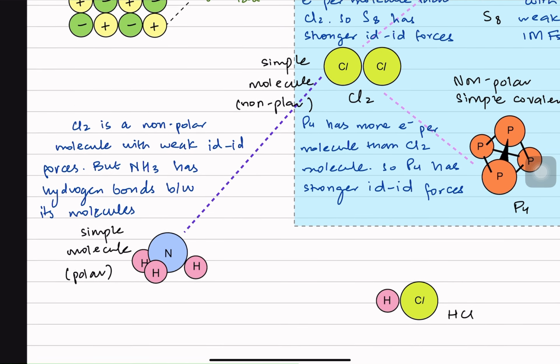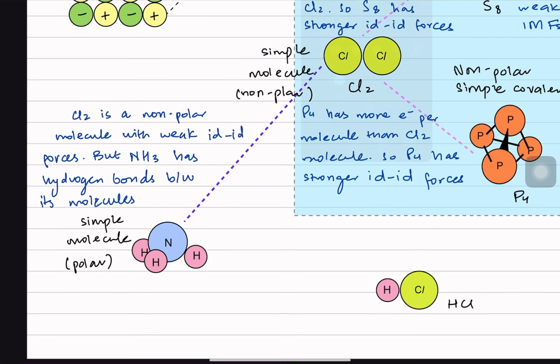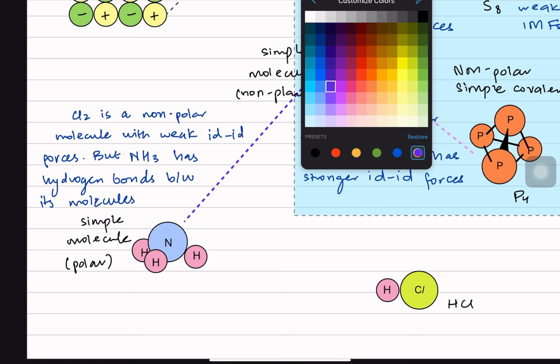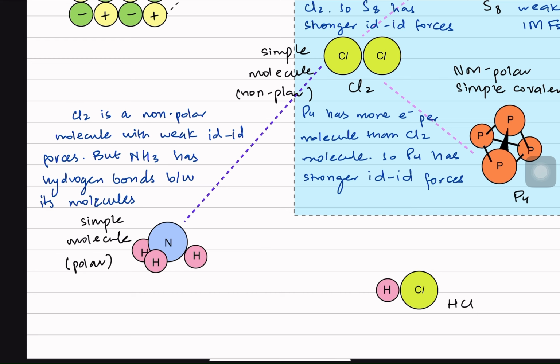Let me give you one more example, between chlorine and HCl. This time both are again simple covalent molecules, right? HCl is also a simple molecule, and chlorine is also a simple covalent molecule. But again, HCl is a polar molecule. So this time you would also talk about the specific category.